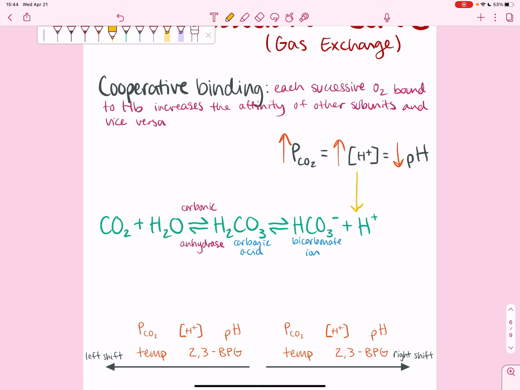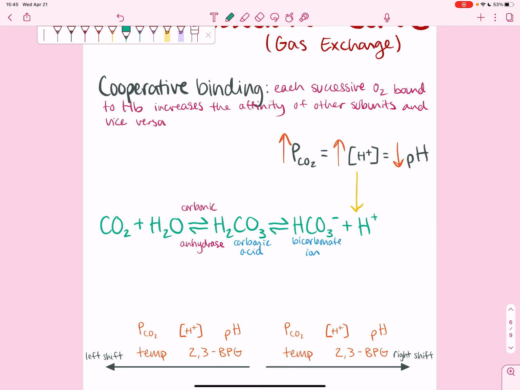Before I move on, something else that decreases the pH and increases the acidity of the blood is anaerobic respiration, when you end up building up lactic acid.